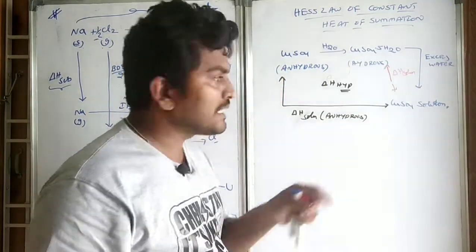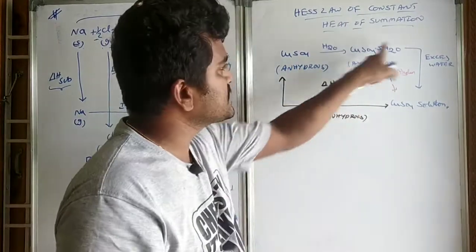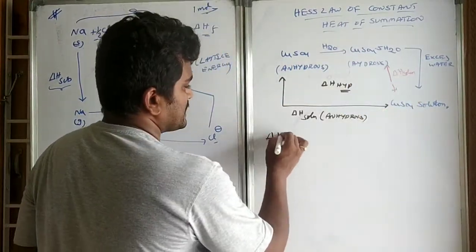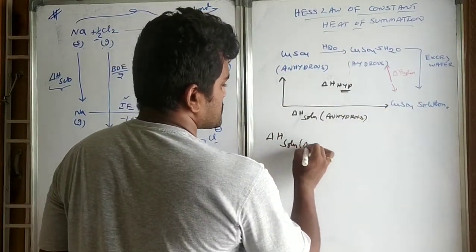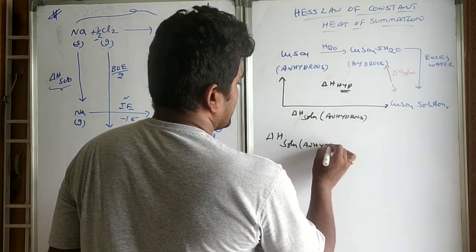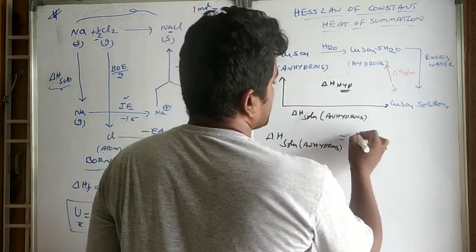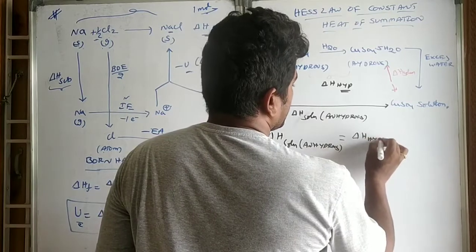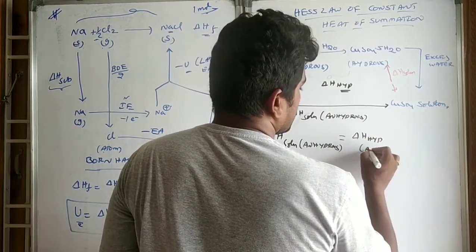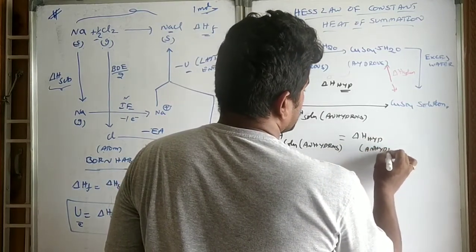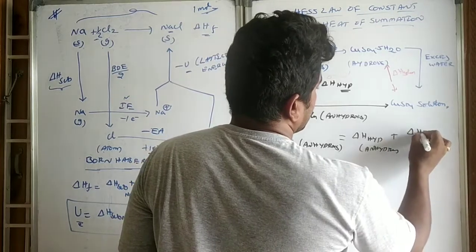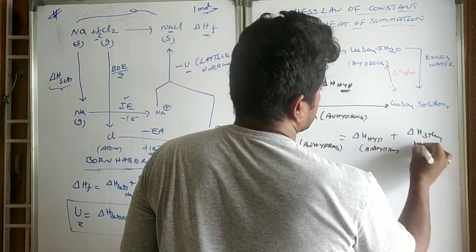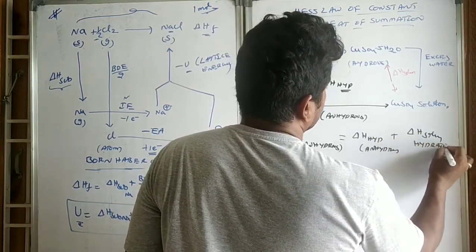From this what you can write: this is a single step and this is a multi-step. So enthalpy of solution for anhydrous salt is equal to enthalpy of hydration for anhydrous salt plus enthalpy of solution for hydrated salt.